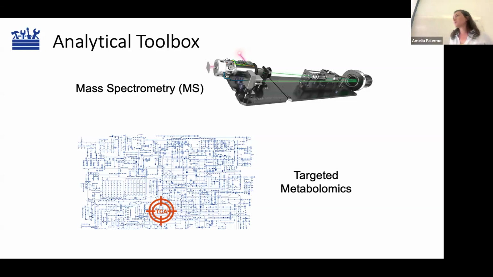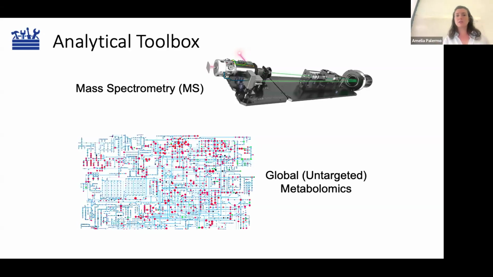So there is much more to understand from an unbiased approach in this field. And this is what is allowed through global untargeted metabolomics. These are two terms that are used interchangeably, global or untargeted metabolomics.